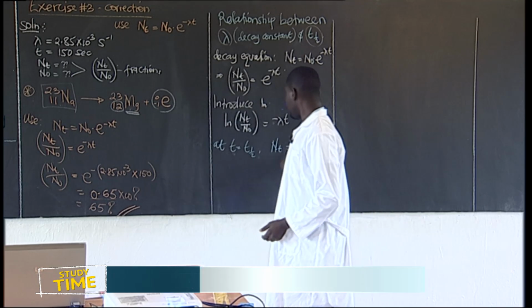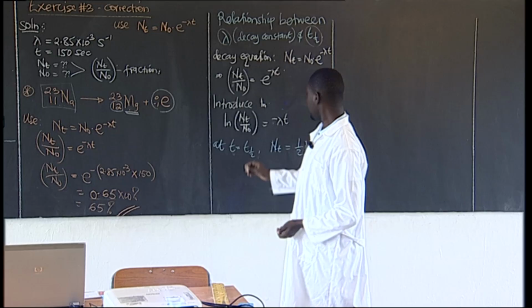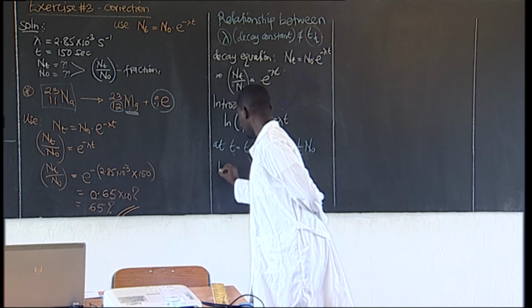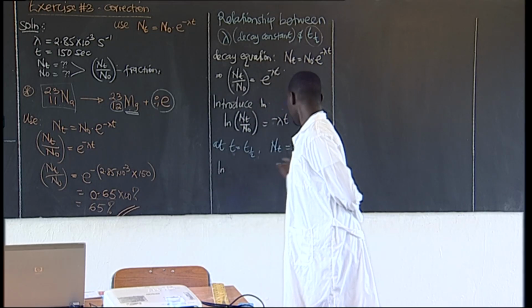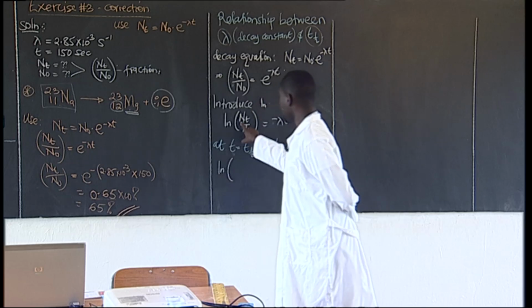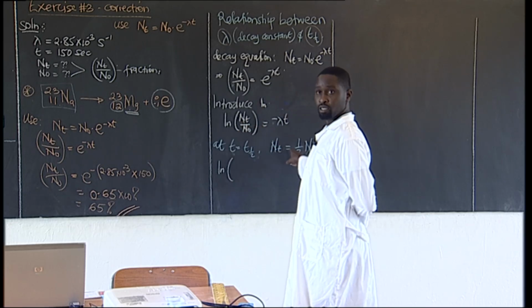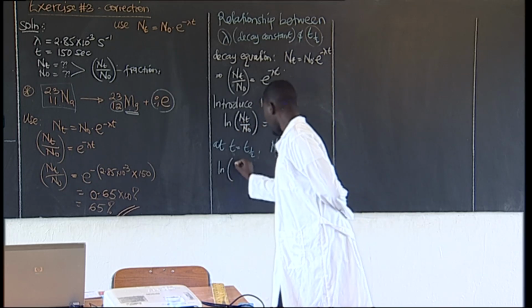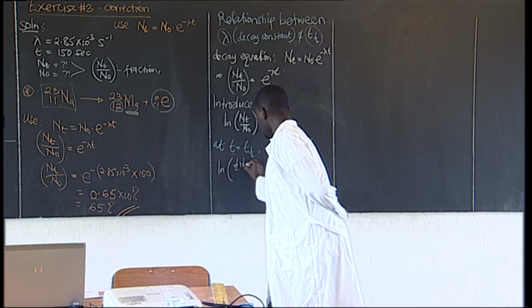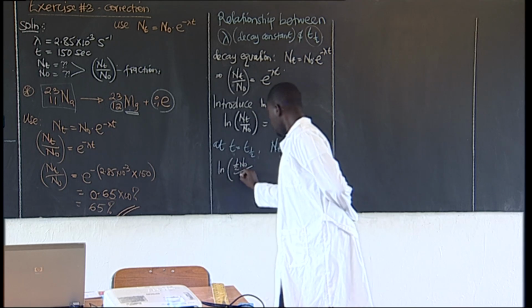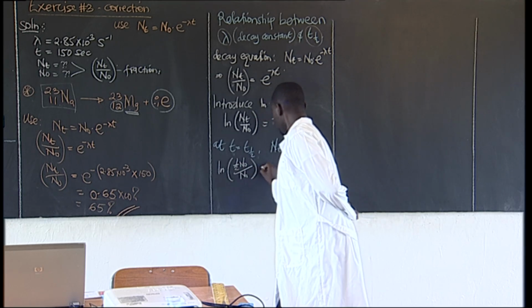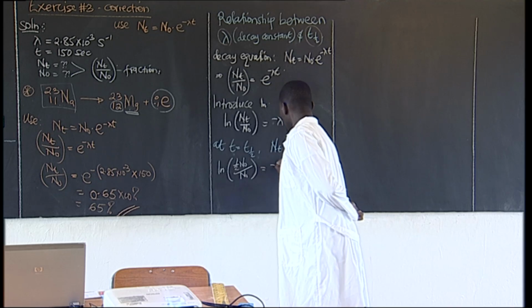Now we can simply substitute this in our expression here. Ln, where we have Nt, we simply substitute it with a half N naught. Where we have N naught, it stays, equaling negative lambda.